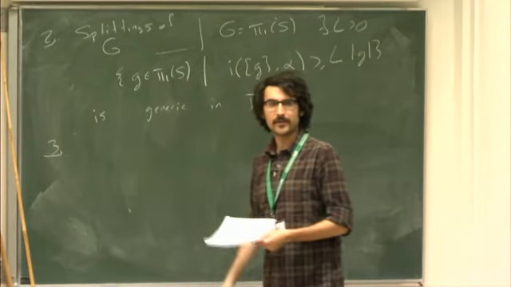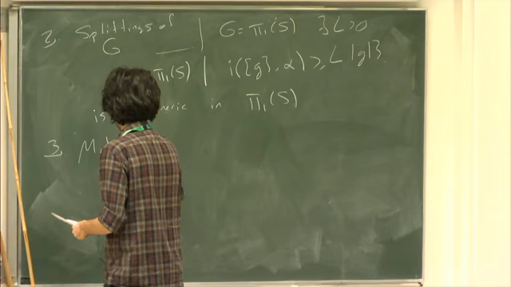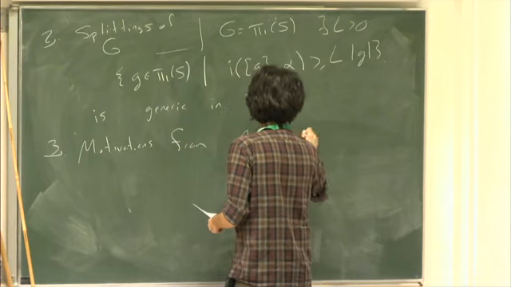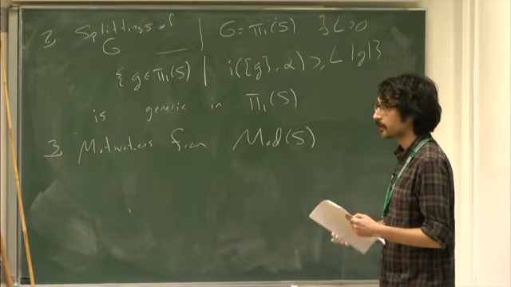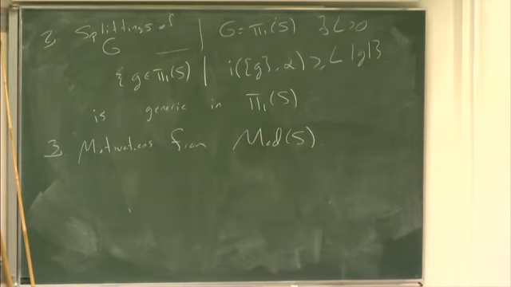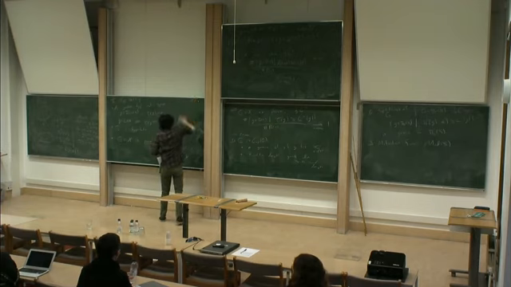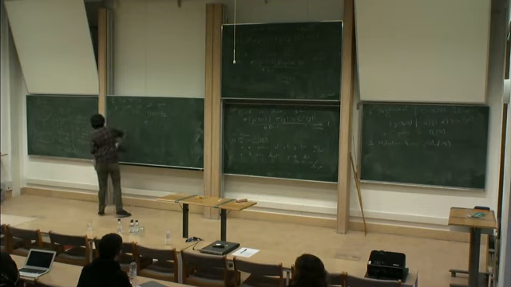Third is really the main motivation for studying these questions, and that comes from mapping class groups. The motivation is from the mapping class group of a closed orientable surface of genus at least 2. The question there, asked by various people in this setting, is: we have this mapping class group, a finitely generated group, and there's a particular class of elements that Richard spoke about, the pseudo-Anosovs.